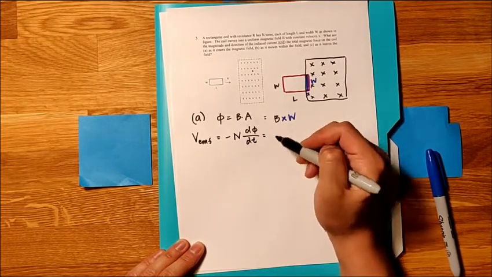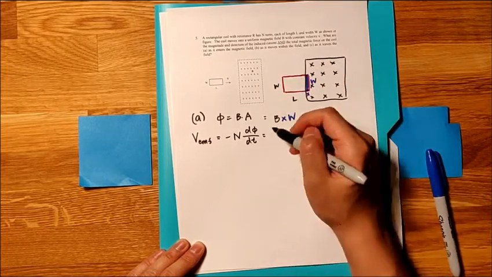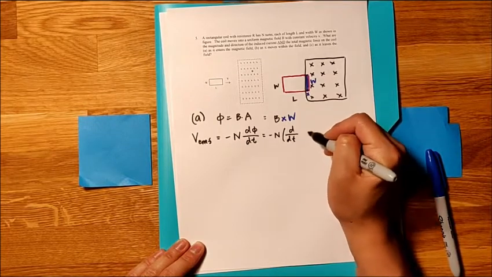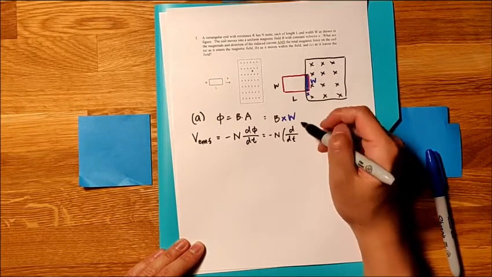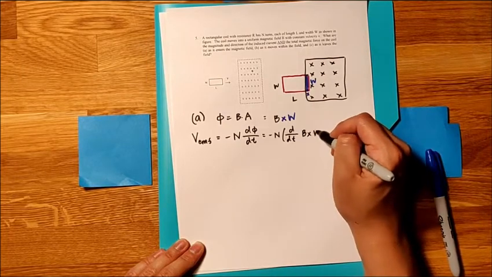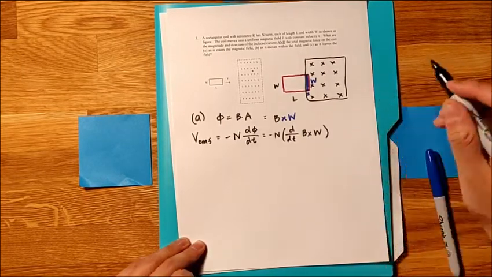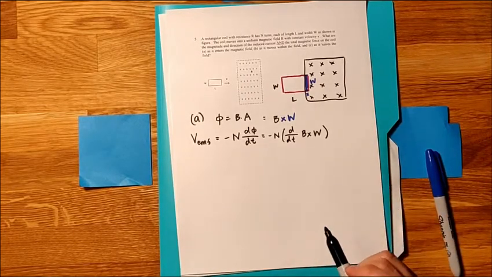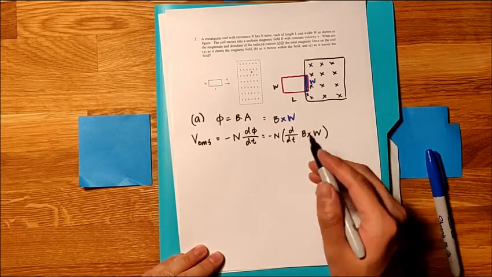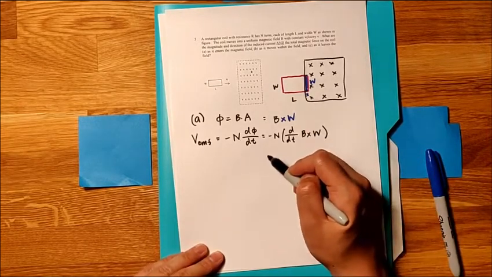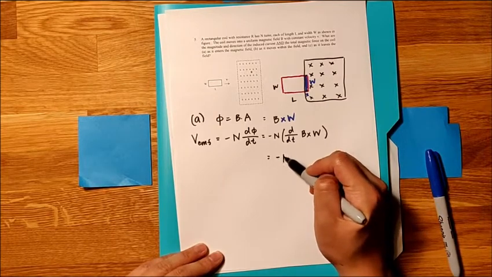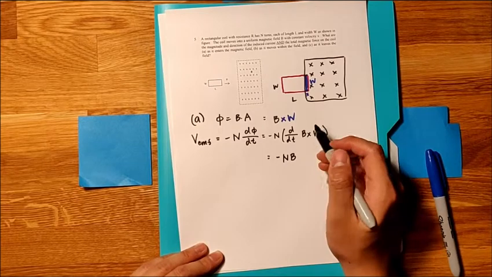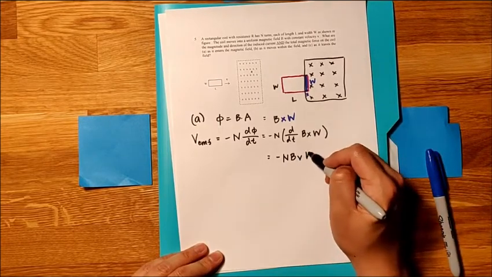This will be negative N, and N is given to us, times d flux over dt, and flux is simply B x W. Just like any other derivative, this would be equal to negative N B, and when you take the derivative of x with respect to time, it will simply turn into velocity.